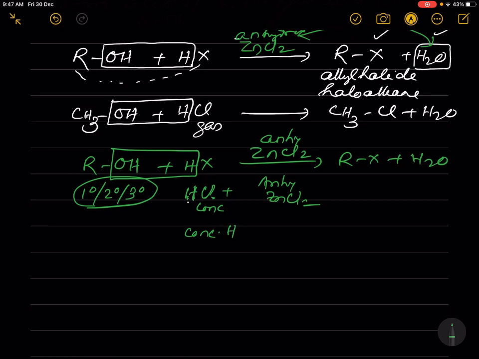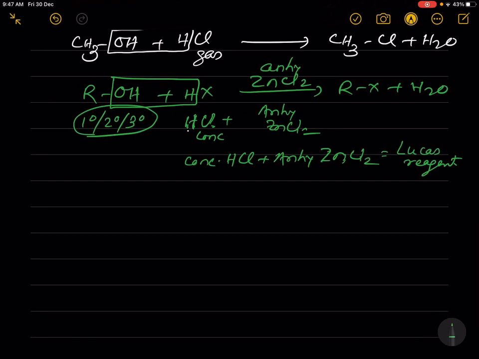Concentrated HCl and anhydrous zinc chloride is known as Lucas reagent. There are three types of alcohol.